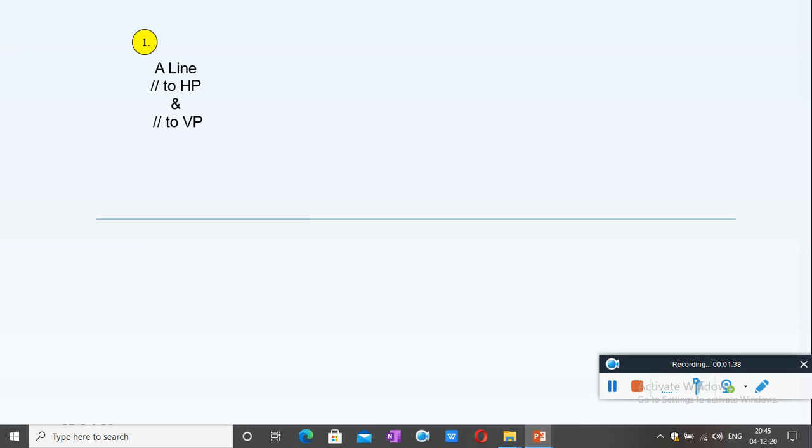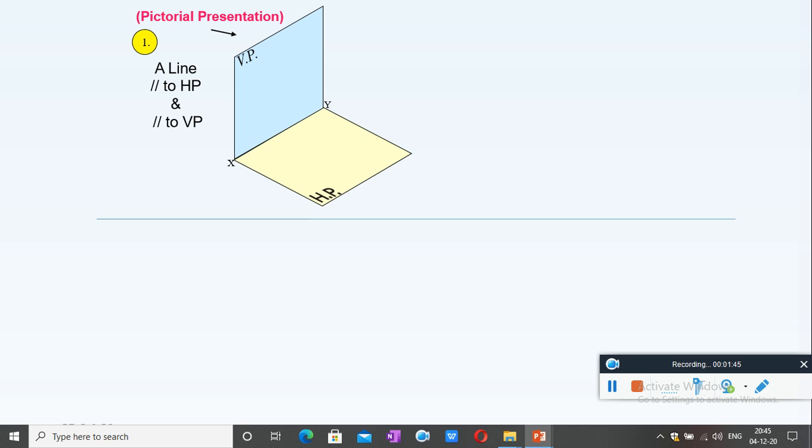Now let us consider a line parallel to HP and parallel to VP. The mutually perpendicular reference planes HP and VP are given. Assume that it is the first quadrant. A line AB is parallel to VP, and at the same time it is parallel to HP as well.